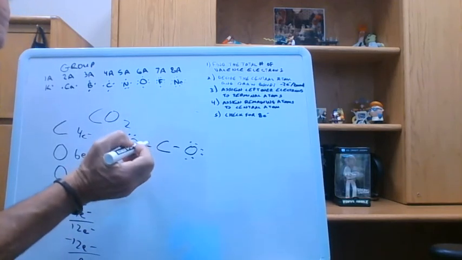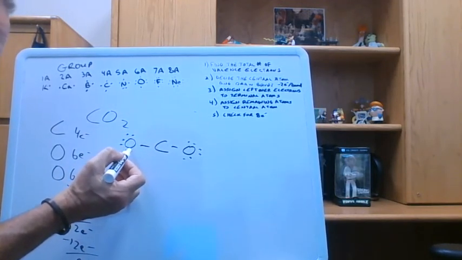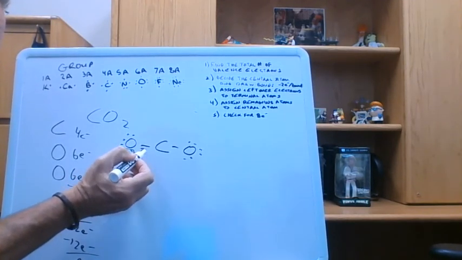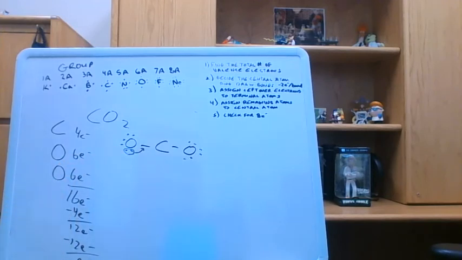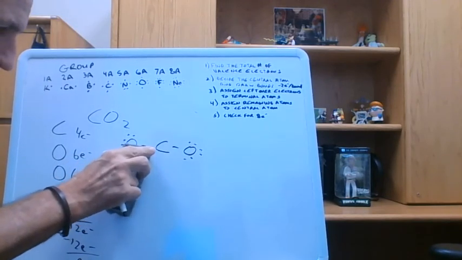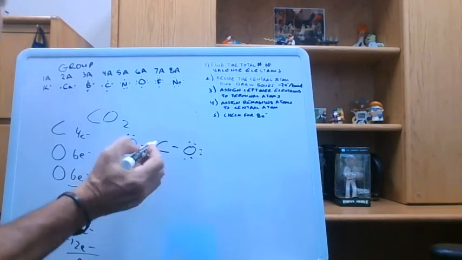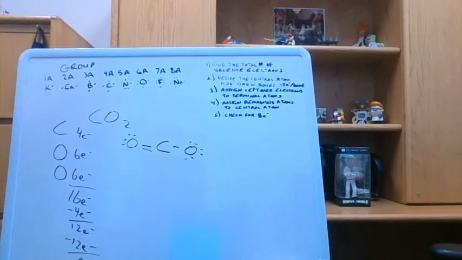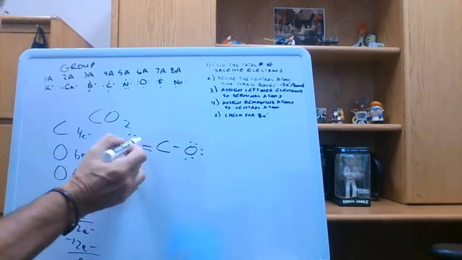And to form that double bond, we take this pair that oxygen is holding to itself, and we move it here so that both oxygen and carbon can see it. Right? And when we move that pair there, we now have a double bond. And so we have 2, 4, 6, 8.